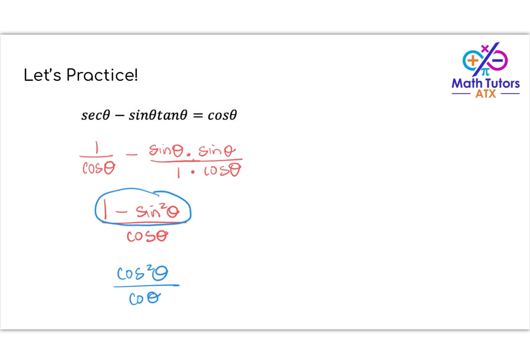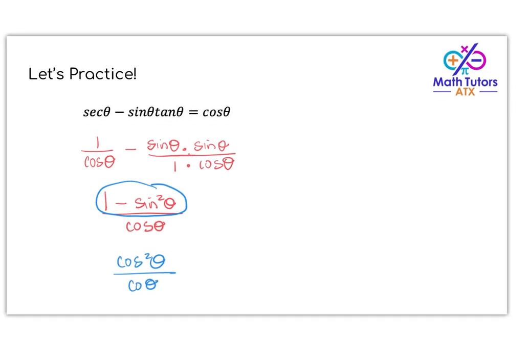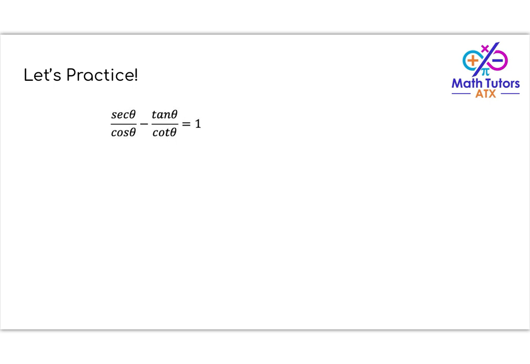Oh my goodness, that's right, folks. And then right here, don't forget the S, we can cross off one of the cosines and we're left with cosine of theta equals cosine of theta. And of course, the whole time you're rewriting the right side so that at the end you get that full cosine equals cosine. Done.